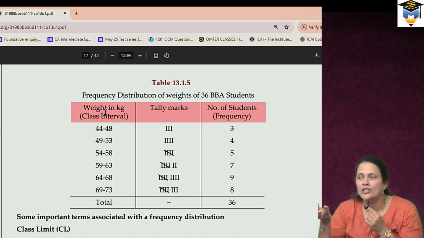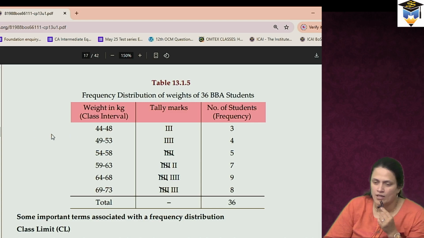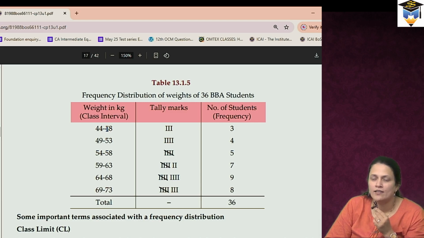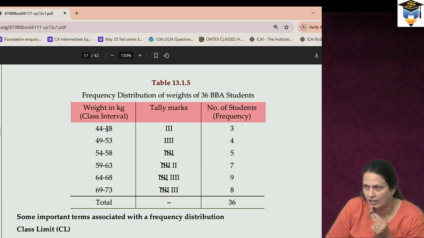Now how to convert it to a continuous table? In this particular class interval, the minimum value is 44 and the maximum value is 48. What I am going to do is add 0.5 to the maximum value and subtract 0.5 from the minimum value.